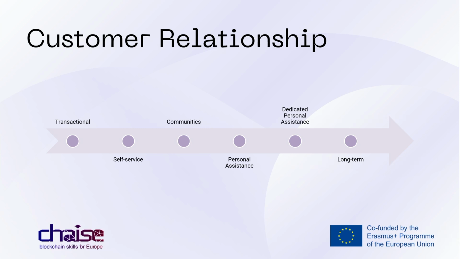If we put the different types of customer relationship on a continuum, we can begin from the very basic one, which is a transactional relationship, which means that there is no human involved. This is just the customer doing something on a machine. A bit more advanced than that would be self-service, where the customer has to figure out themselves through, for example, frequently asked question parts of the web page, or a database where they can search for a certain problem and find an article or a text or a video that describes how they can solve it.